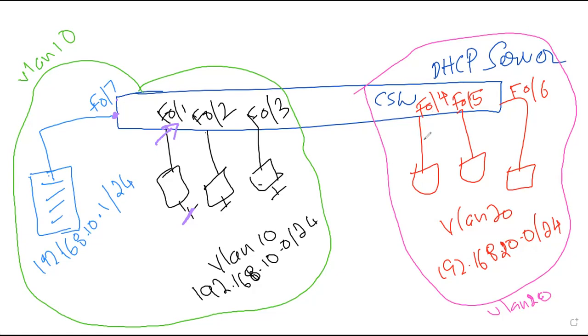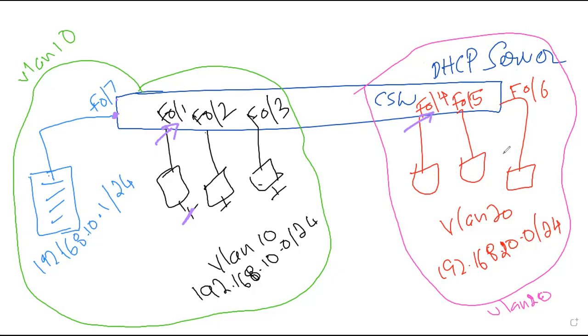Now, when a system from VLAN 20 is forwarding a request to find where the DHCP server is, that request is going to all the ports within that VLAN. I mean, the broadcast will reach only within the same network or the same VLAN. It goes to port number 5 and port number 6.